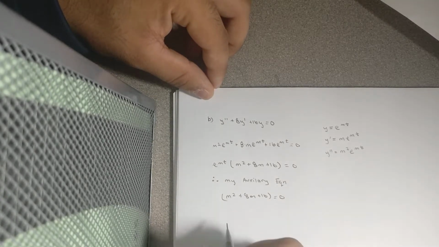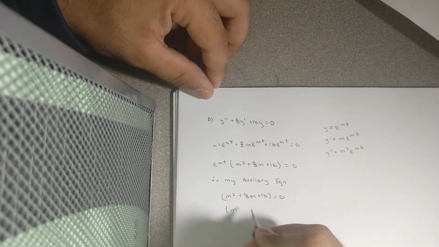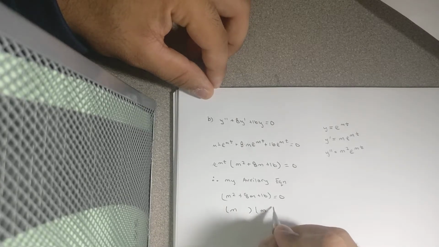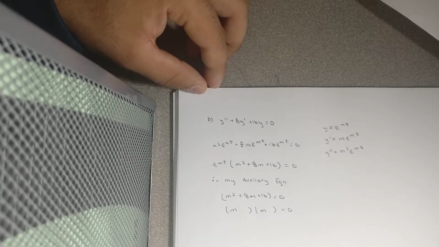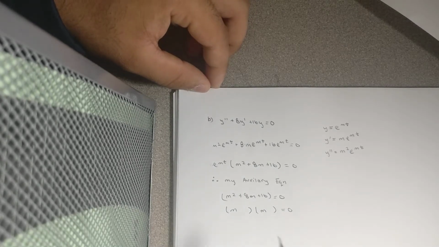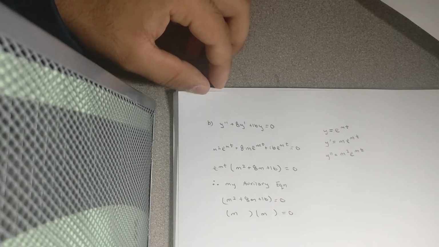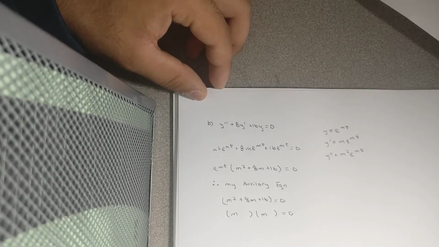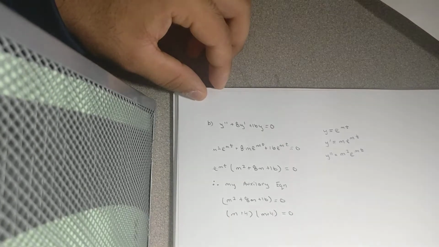Factoring this, I know that I'll have an m term here, an m term here, and it's going to be equal to 0. And from inspection, I know that I need two numbers that add to 8 but multiply to 16. So the first number that pops into my head is 4. So I get a positive 4 here and a positive 4 here.